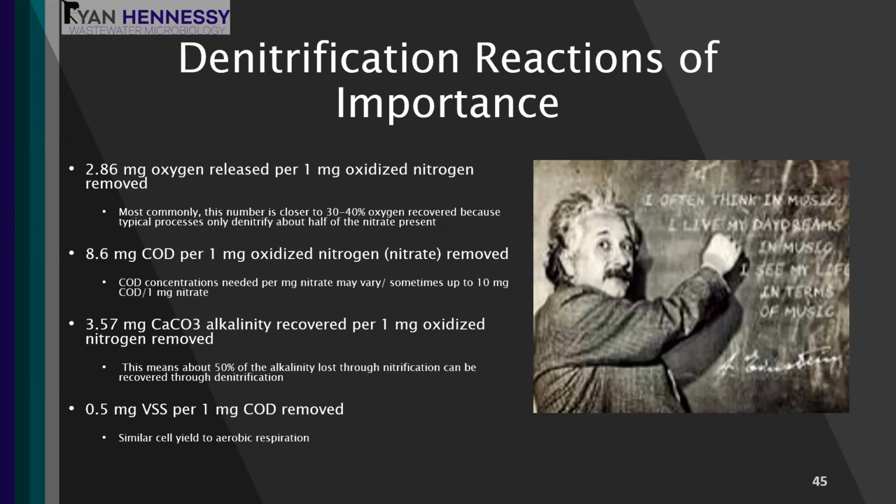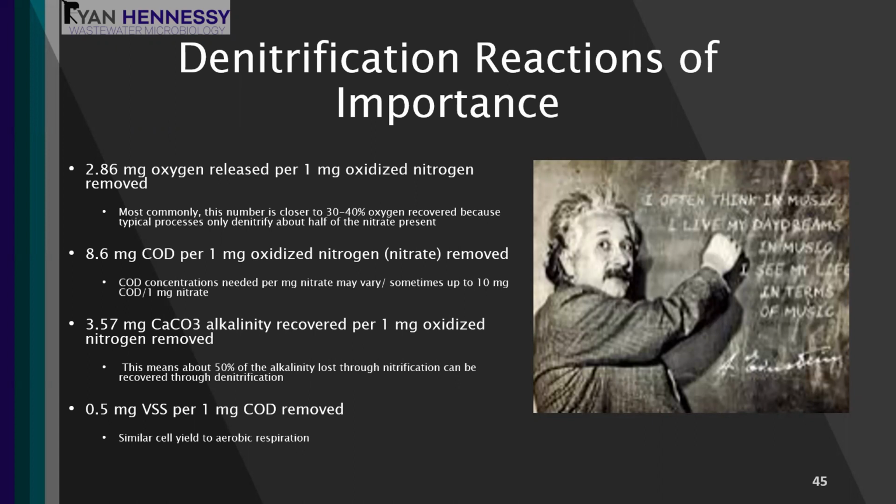By introducing denitrification, 2.86 milligrams oxygen is released per every milligram of nitrogen removed. As you're removing that NO3 and that gas is going to the atmosphere, you're leaving behind some oxygen. Most commonly, about 30 to 40% of the oxygen that you lose through nitrification can be recovered with denitrification.